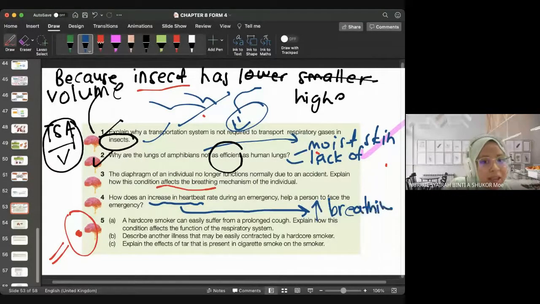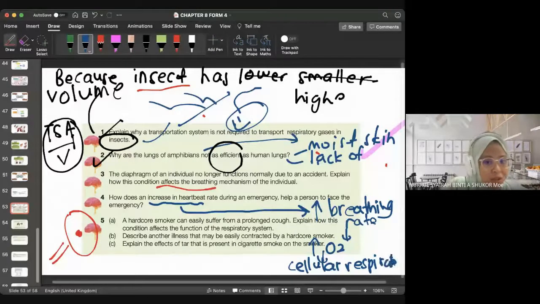Right. Increase breathing rate, increase oxygen. More oxygen, more cellular respiration.